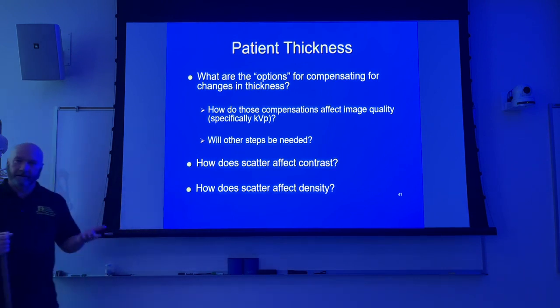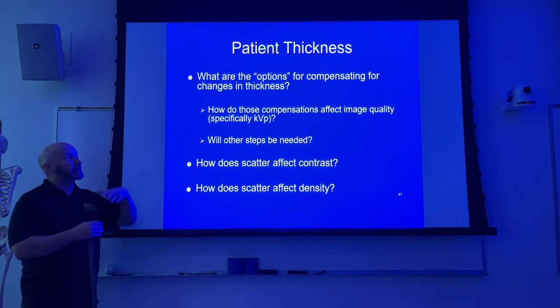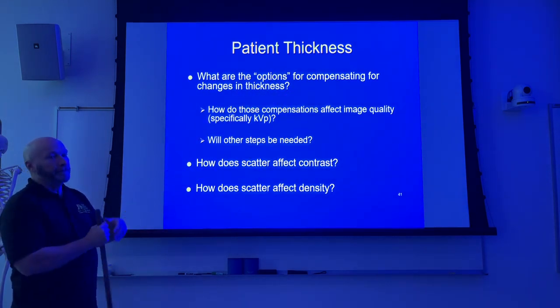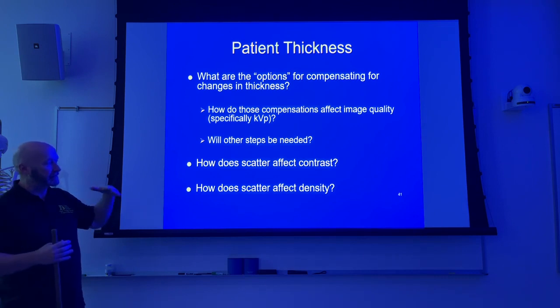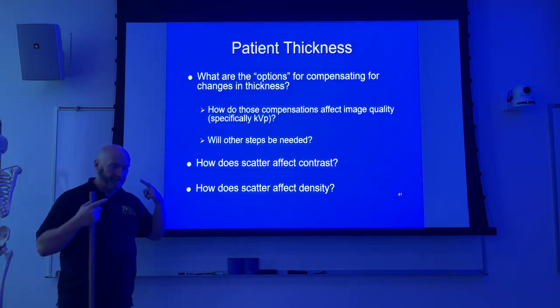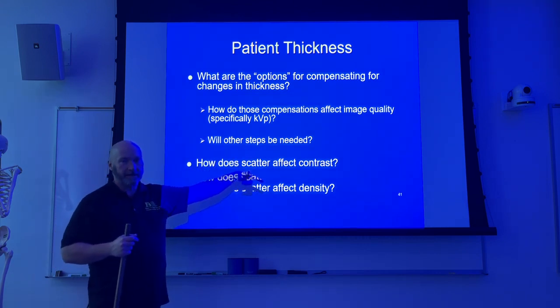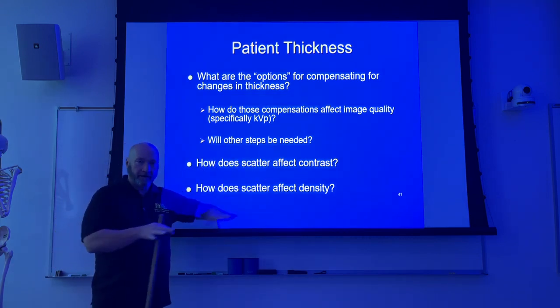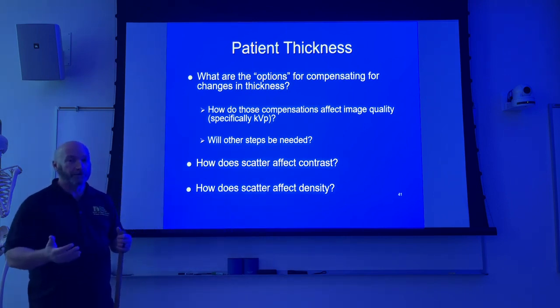If we have an increase in thickness causing an increase in scatter radiation, you might have the tendency to think, well, increase thickness, increase scatter, layer of density. So it would increase image receptor exposure, but it won't.